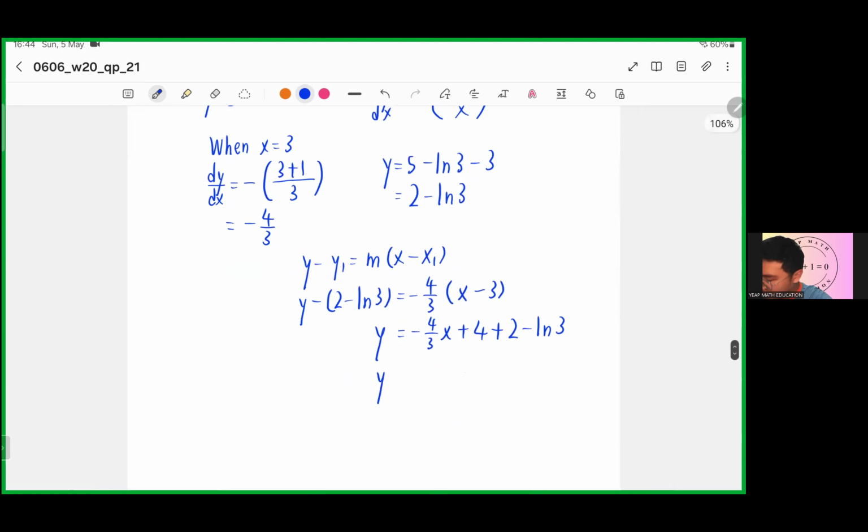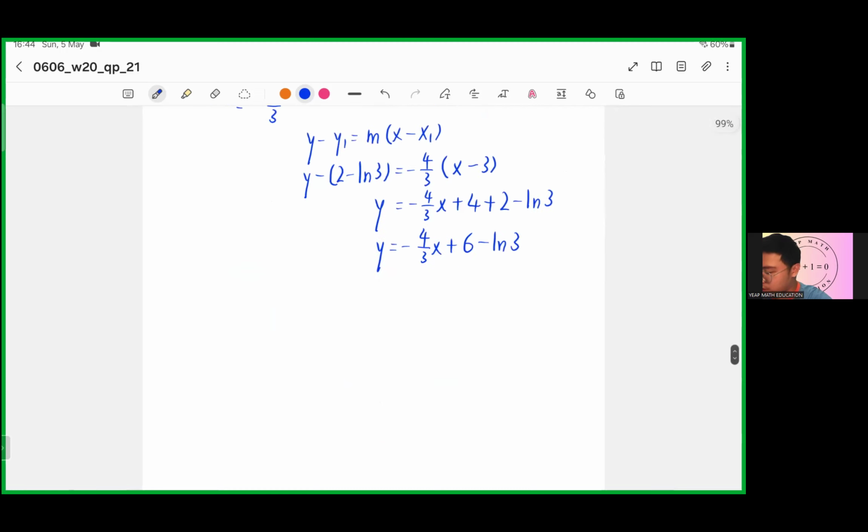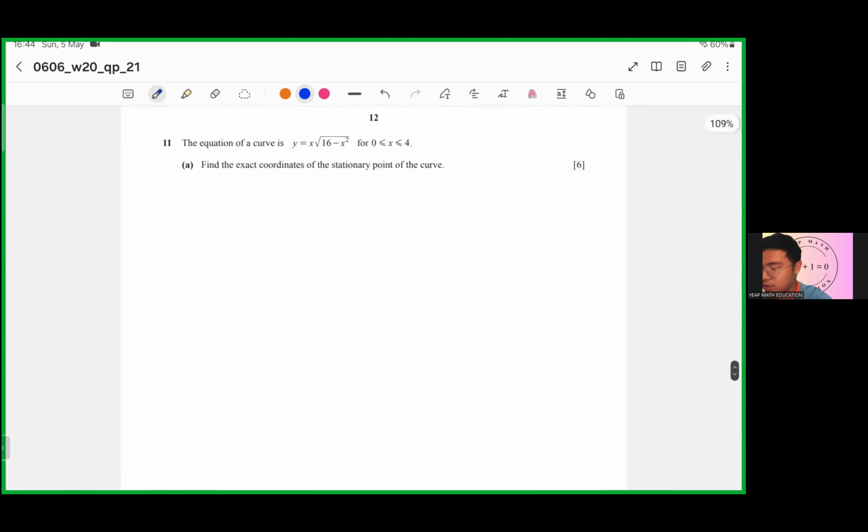So we will get y equals negative 4 over 3 x plus 6 minus ln 3. After we finish this part, we go to the next question.